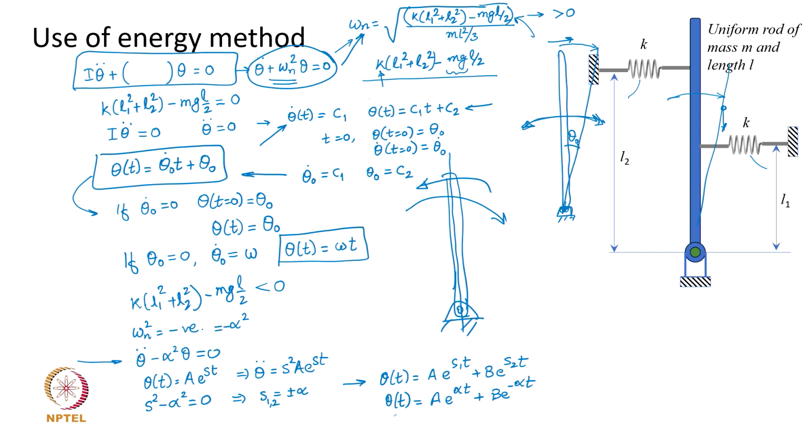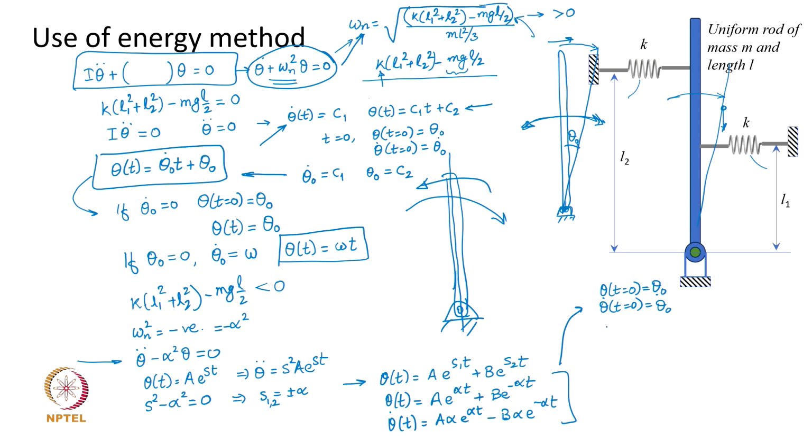Now, usual things, in the sense that I would like to get the expressions for a and b the way we do. This is done by implementing the initial conditions. So, theta dot is a alpha e to the power alpha t minus b alpha e to the power minus alpha t, and then in these two equations we substitute the initial conditions that theta at t equal to 0 is theta naught and theta dot at t equal to 0 is theta naught dot.